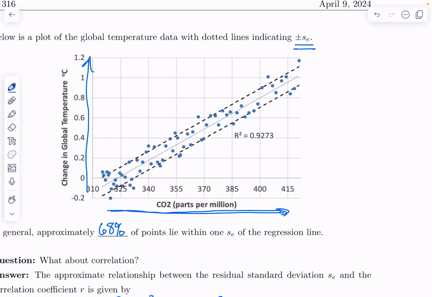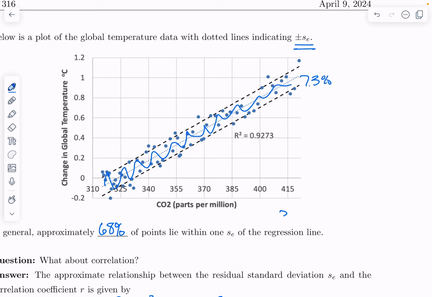And so that's the power of the R squared value in helping us understand the relationship between the two variables, okay? Because we expect there to be some variation. You see variation here around the line. There's all sorts of variation there around the line, okay? But only about 7.3% of that variation that you see around the line is just random variation or just a consequence of points being normally distributed around the line, okay?